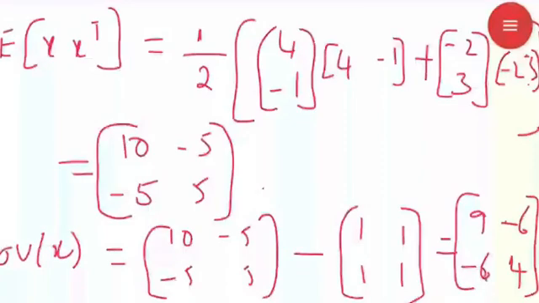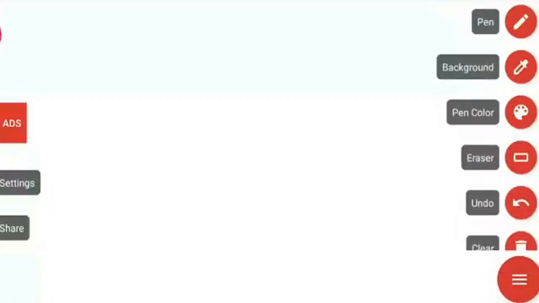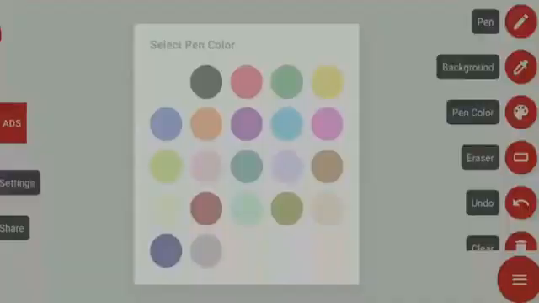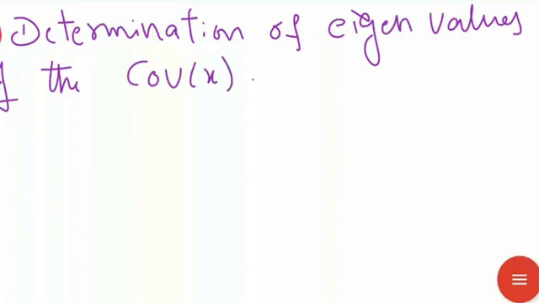Now, so going to the third step. What is that? Determination of eigenvalues of the COV of x, the covariance matrix.